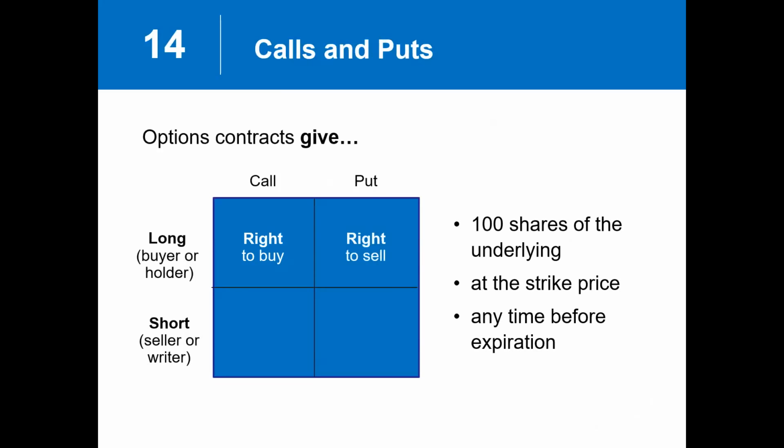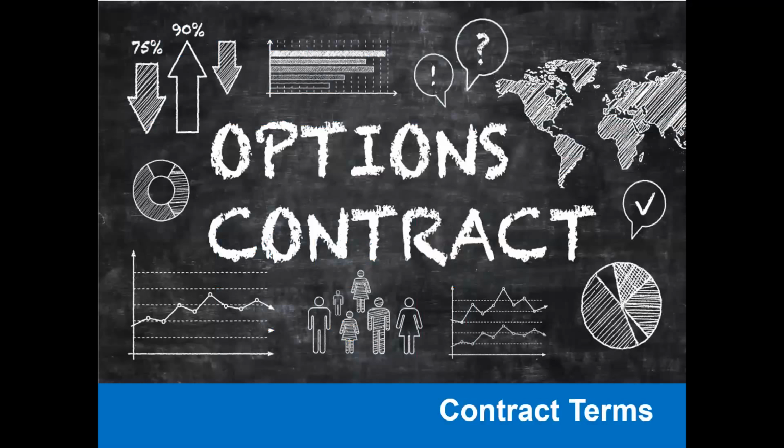They give the put buyer the right to sell the underlying. The call seller has an obligation to sell the underlying, and the put seller takes on the obligation to buy the underlying. And for each contract, we're talking about 100 shares of the underlying at the all-important strike price at any time before expiration. Okay, so calls and puts, rights and obligations, core concepts for moving forward here.